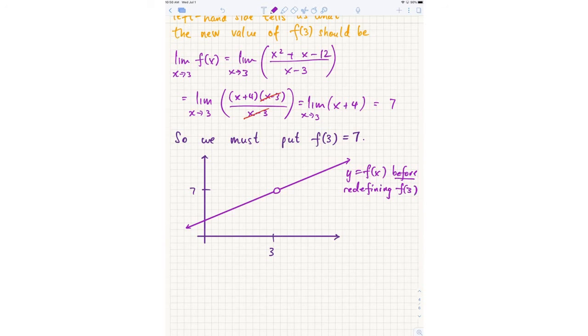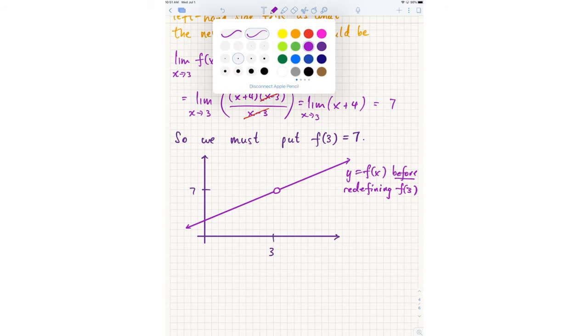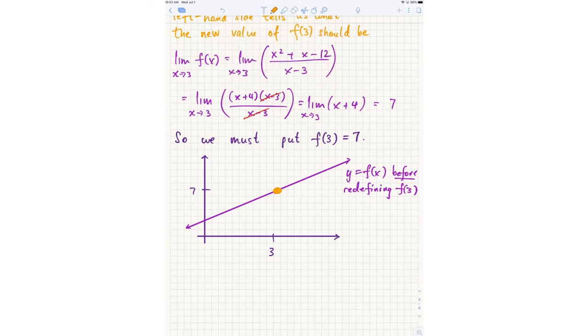And the question we asked was, can I redefine the function at 3 to make the function continuous? Sure, as long as you essentially fill in that hole in the graph, now the function is continuous. So that's what the question is actually asking. Is there a hole that you can just fill in on the graph to make the function continuous, and how should you do that? What value should you give, right?